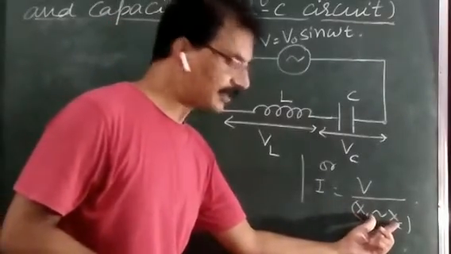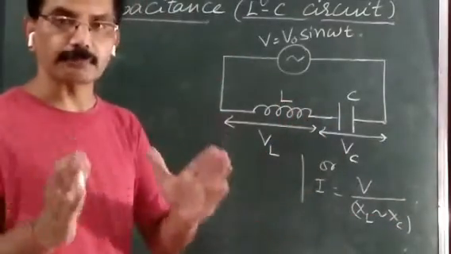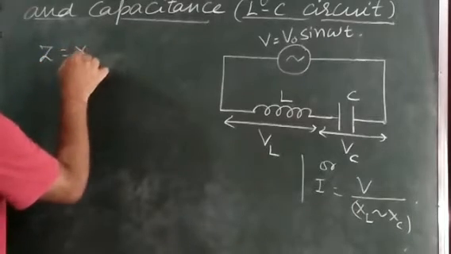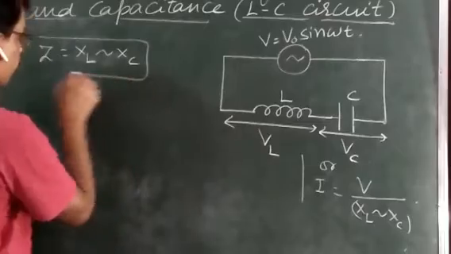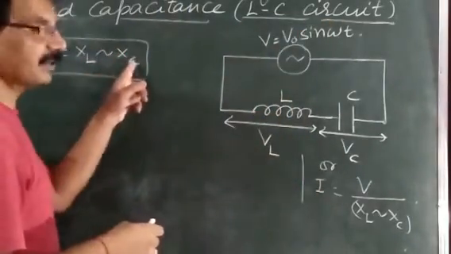So XL difference XC is called the impedance of this circuit, denoted by Z. So Z is equal to XL difference XC. It means the impedance of the LC circuit is XL difference XC.